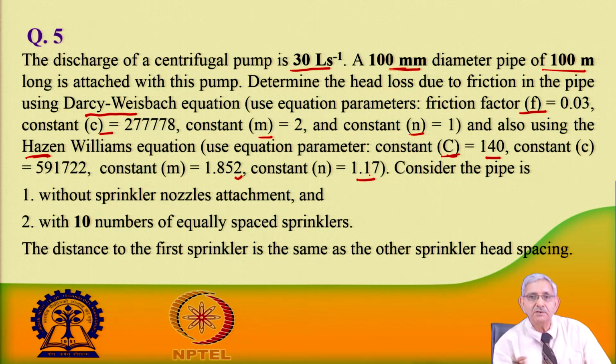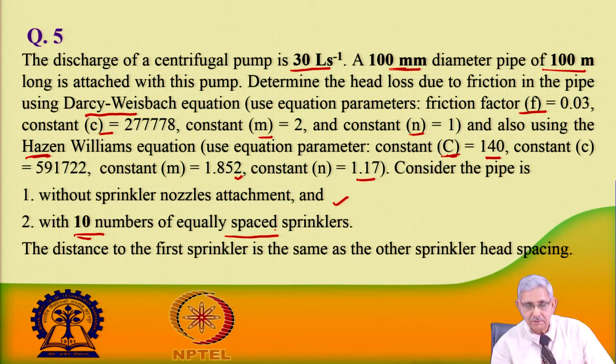without sprinkler. It is a simple blank pipe, water is being delivered from one end and then supplied in the lateral, and then it is going out of the lateral. This is one case, and then another case is when the pipe is having 10 sprinklers which are equally spaced.